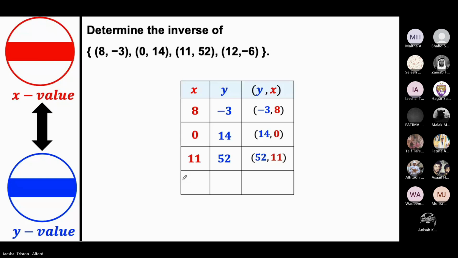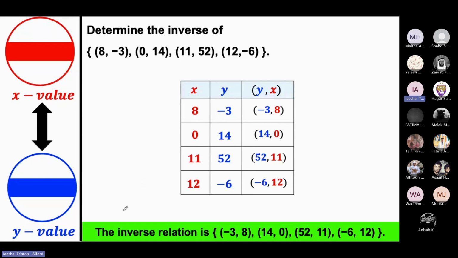No? Okay. Fatima, you want to go? Go ahead. What's the X? Positive 12. And the Y? Negative 6. The inverse? Negative 6 and positive 12. Then you write in the green the inverse relation. Okay, you write each point. That's it.